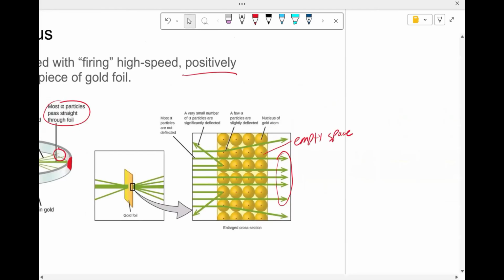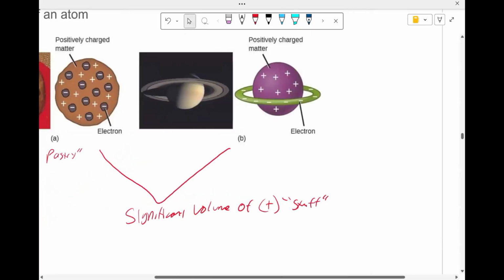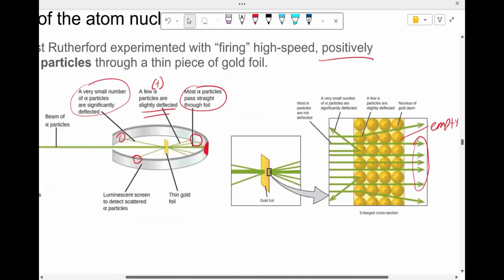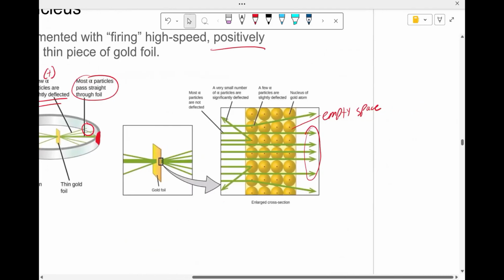So I'm going to go back up again. That doesn't fit either of these models. There's not a lot of empty space of positively charged matter. Like there's a lot of stuff there. So those two models don't fit Rutherford's experimental results.